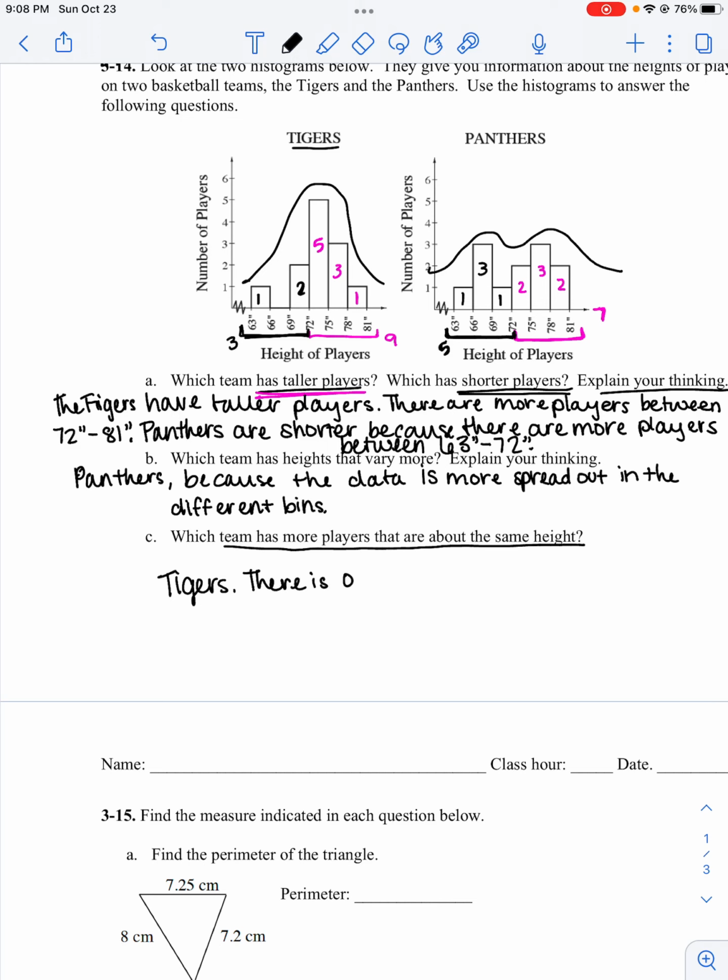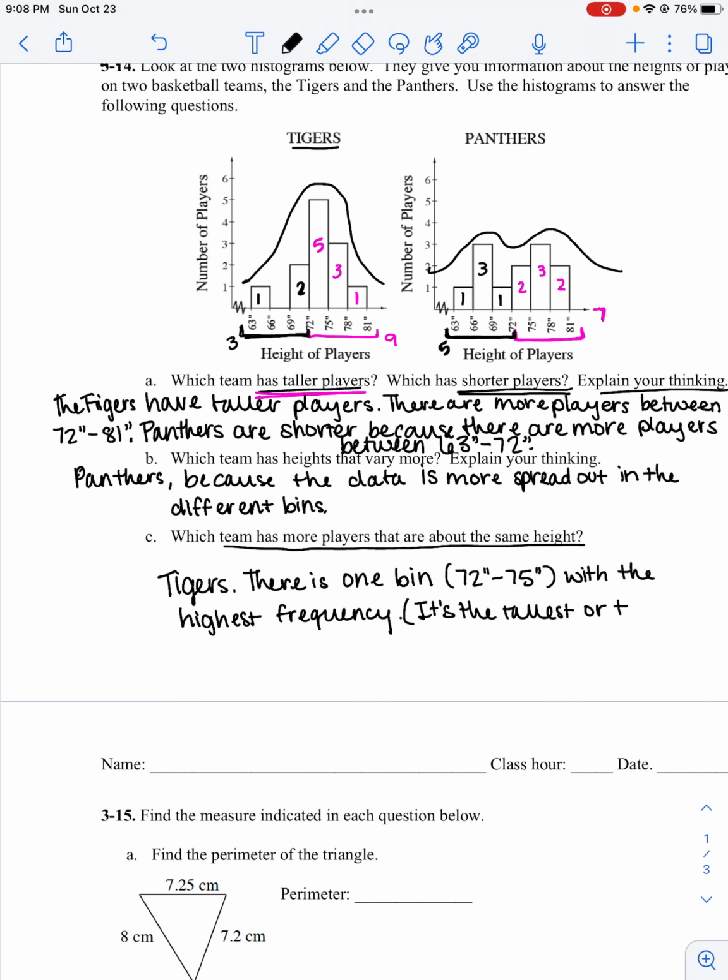So, Tigers, there is one bin and that's the 72 inches to 75 inches with the highest frequency.